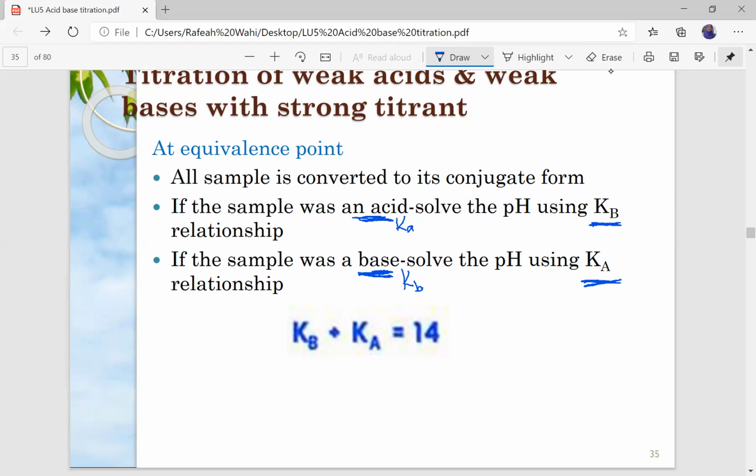However, when you titrate an acid with a strong base, at equivalence point you need to calculate the pH using the Kb expression because the pH of your analyte would be basic. This is if you start with an acid. And if you start with a weak base, the pH at equivalence point would be acidic. So it's the opposite for weak acid and weak base.